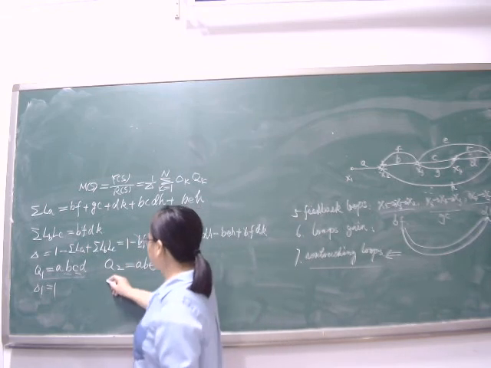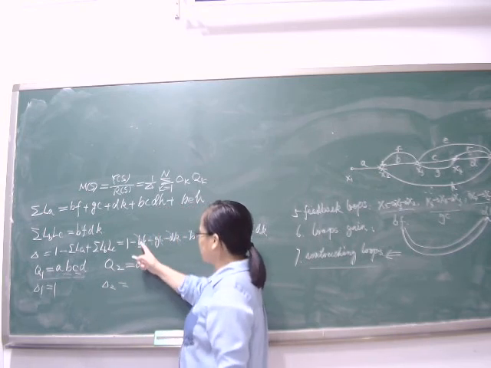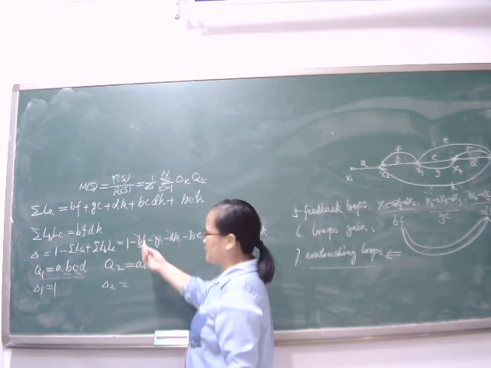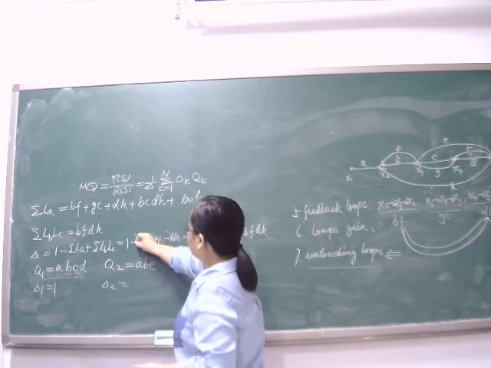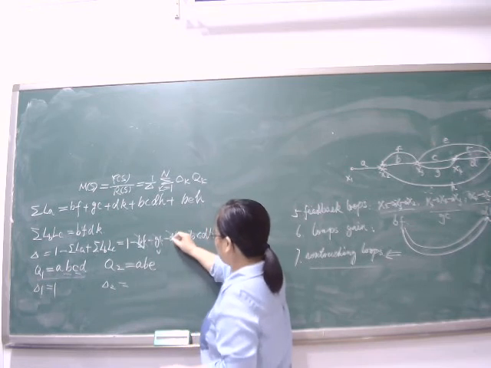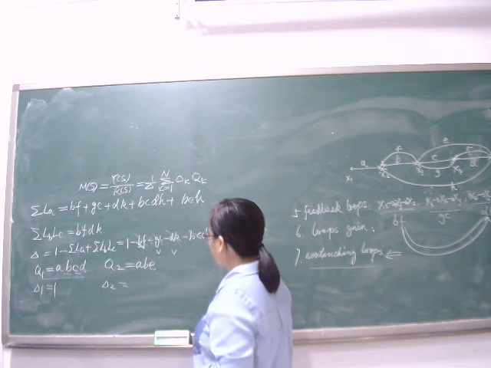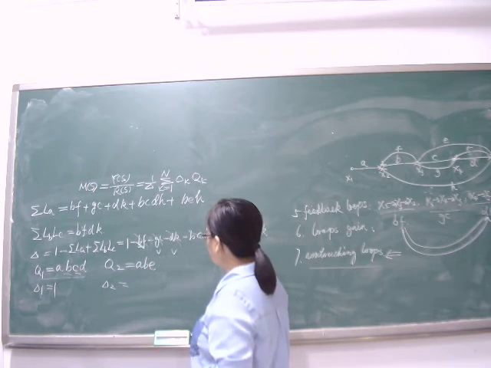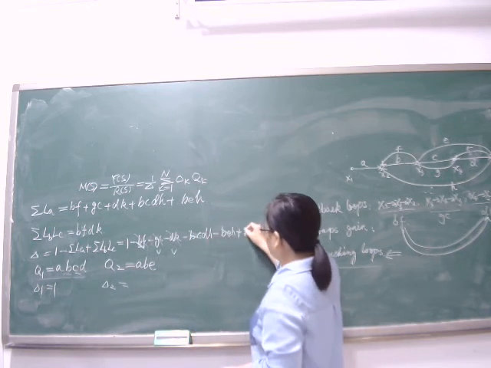For the second, delta 2, A, B, E, common B should be deleted. This remained. DK, A, B, E, B should be deleted.